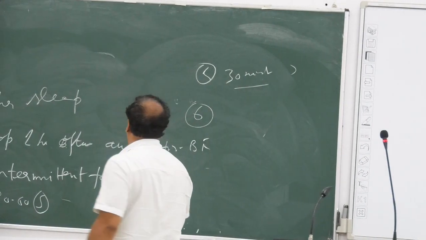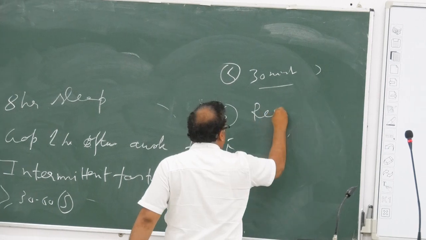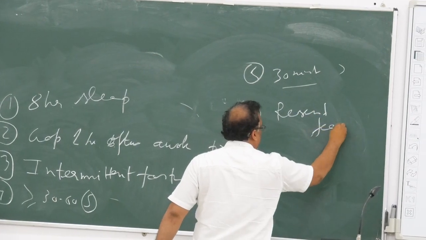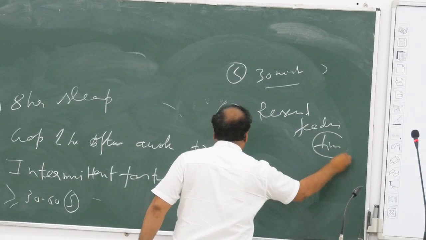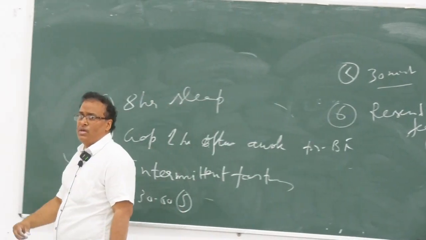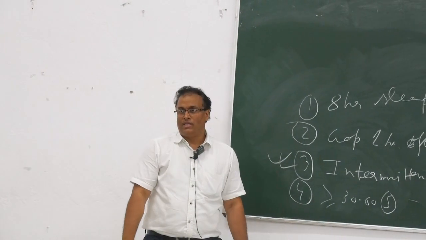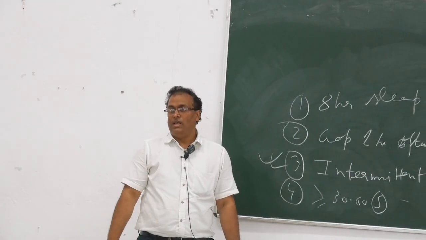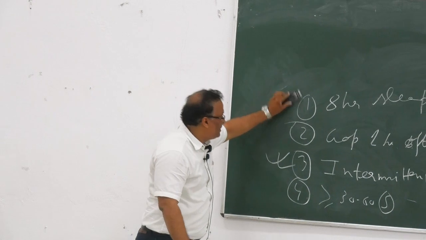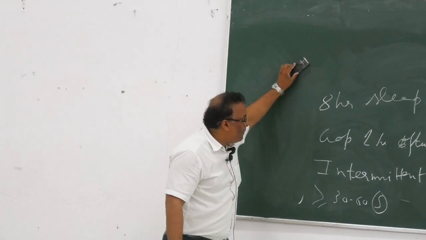So reset our feeding time. So if we maintain these 6 steps to maintain the healthy in our circadian rhythm, so that we can live easily without any diseases or less diseases, less inflammations, etc.